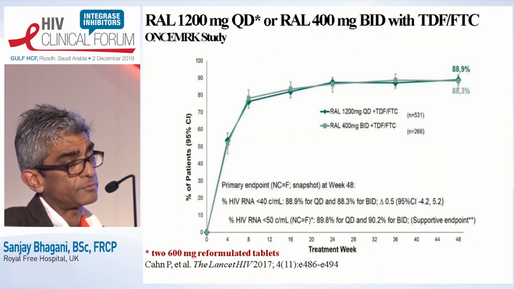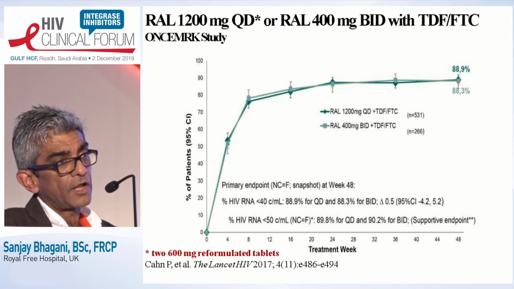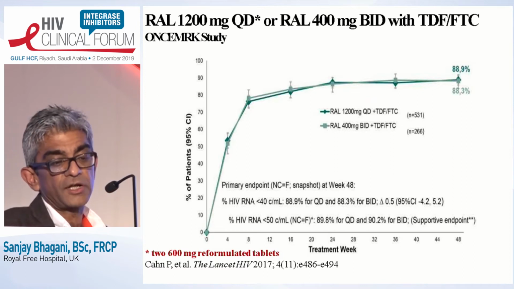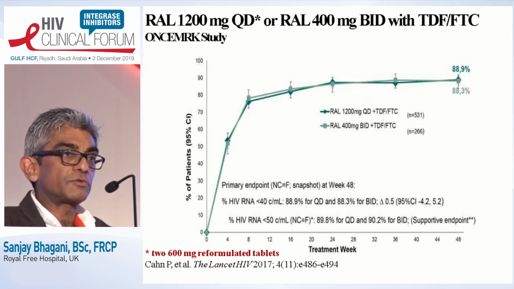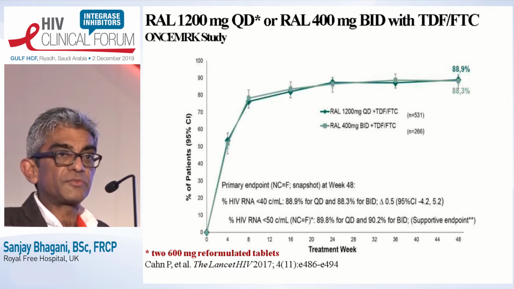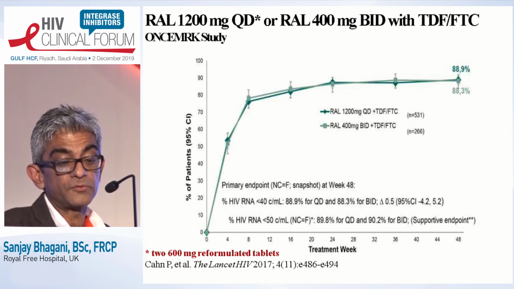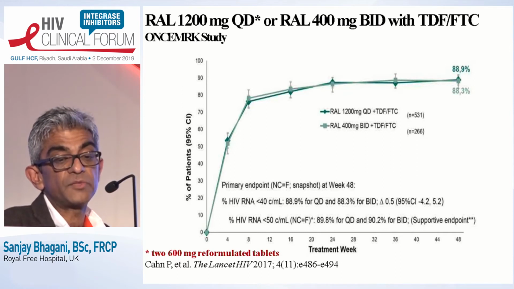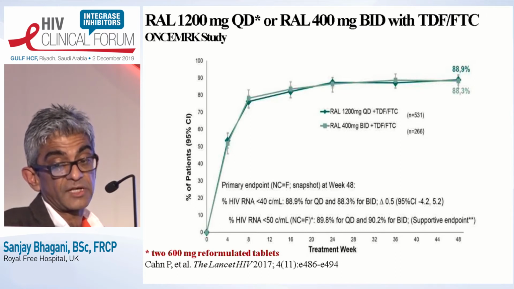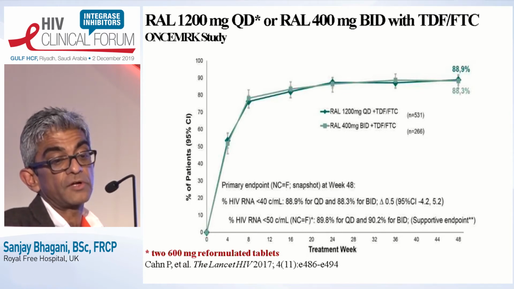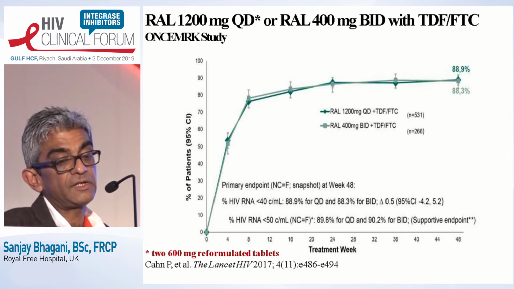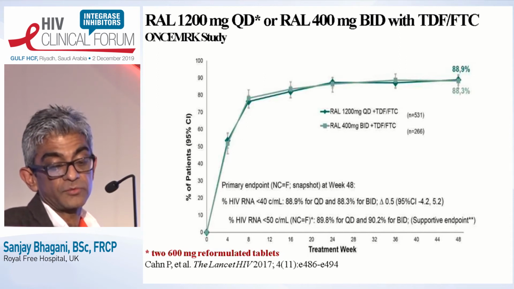So I'm just going to show you some more data in terms of studies in treatment-naive patients. One of the issues with raltegravir was it was 400 milligrams twice a day, so this is twice daily dosing rather than once daily dosing. All of the other integrase inhibitors are dosed as once daily dosing, and so this was looking at 1,200 milligrams once daily of raltegravir compared to 400 milligrams twice a day, combined with Truvada or tenofovir FTC, the ONCEMRK study in treatment-naive patients.